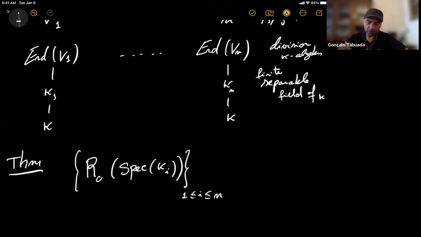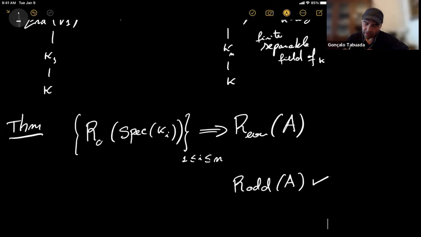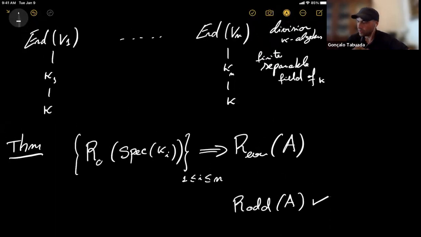So take the Riemann hypothesis for each one of these zero-dimensional varieties, then this family of conjectures implies the even Riemann hypothesis for A. So the odd Riemann hypothesis for A is true for somehow easy reasons, but the even part actually follows from this classical generalized Riemann hypothesis.